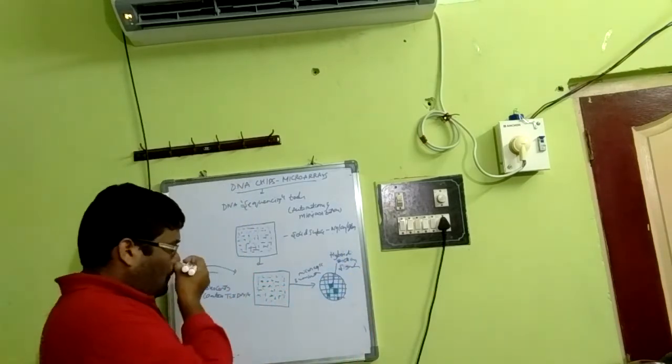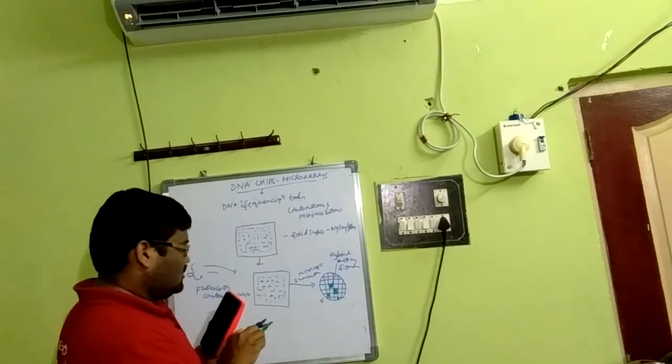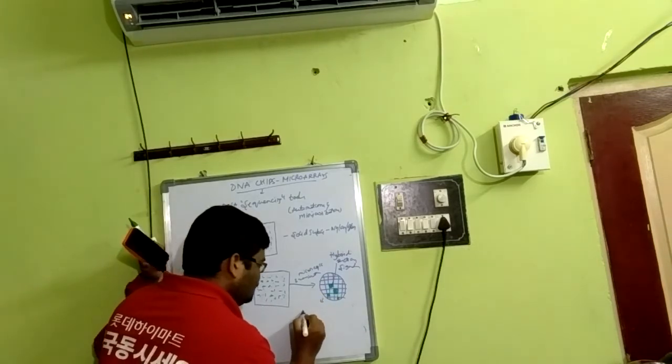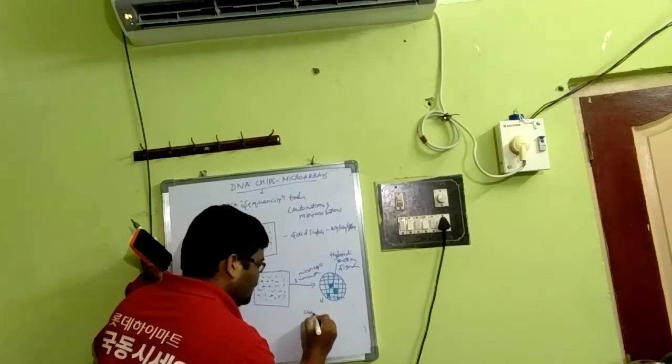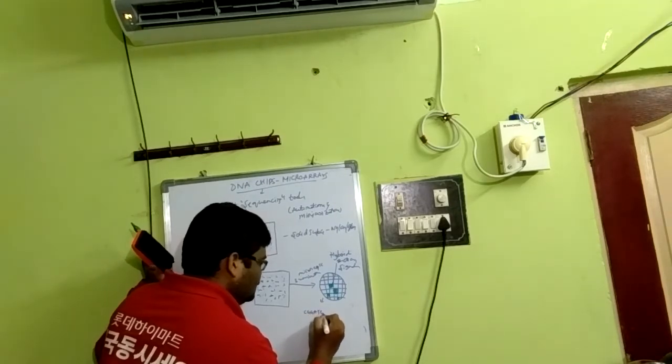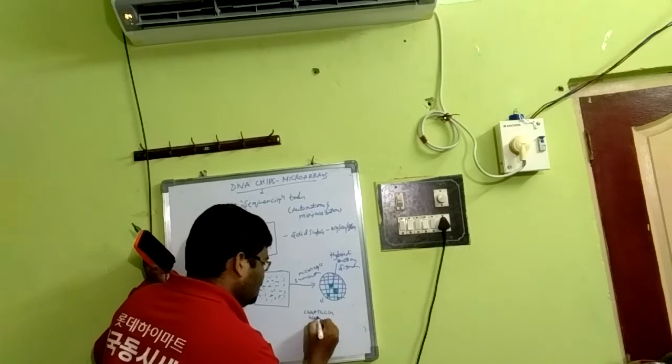How it ends is very important. So this is C, G, G, A, G, and so on.